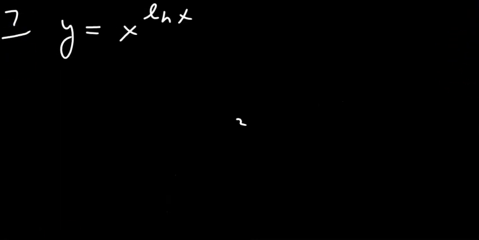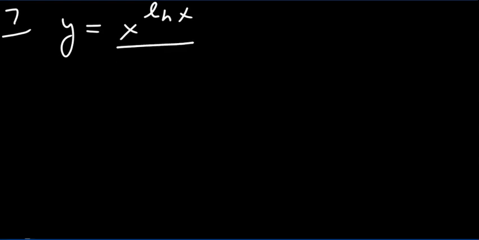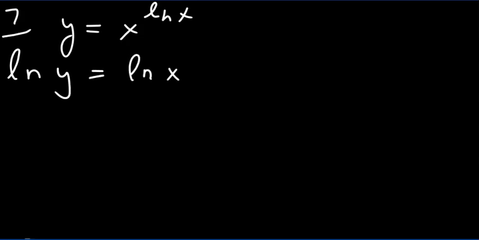Now let's try to differentiate x^(ln x) with respect to x. So the usual trick is take the natural log of both sides. So you're going to get ln y equal ln of x raised to the power of ln x.